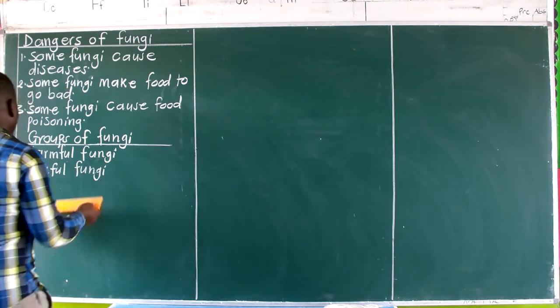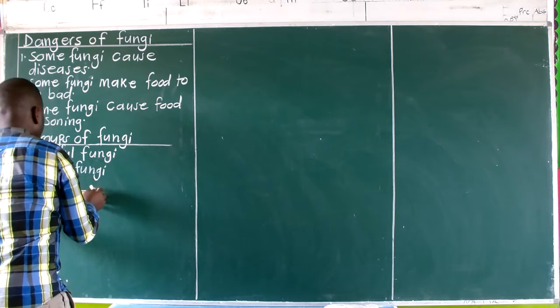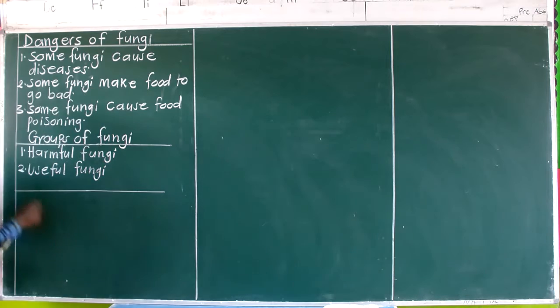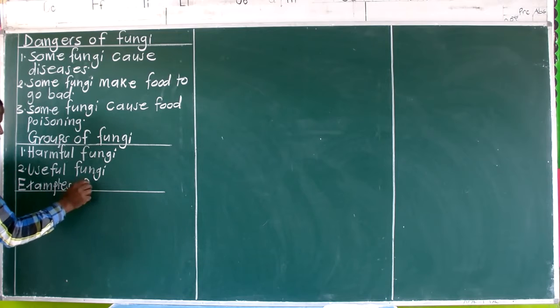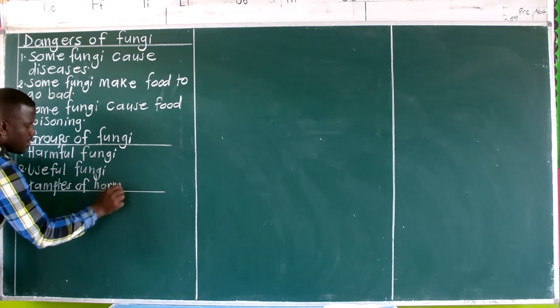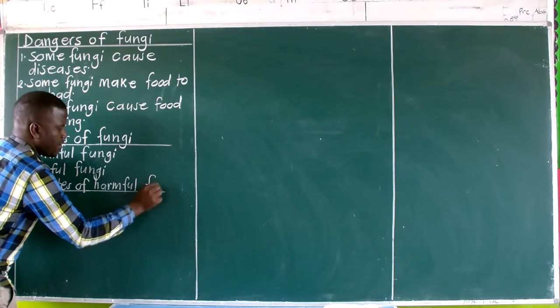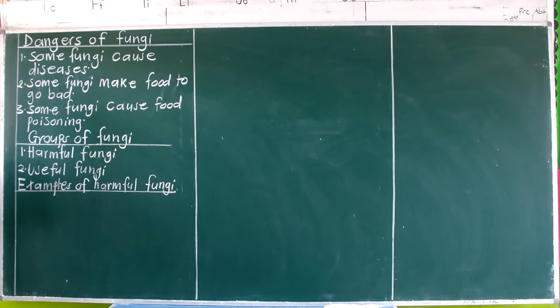We look at examples of harmful fungi. One, we have bracket fungi.